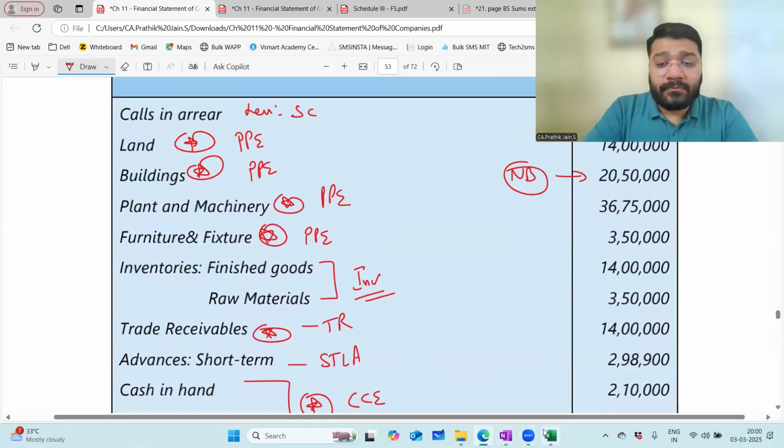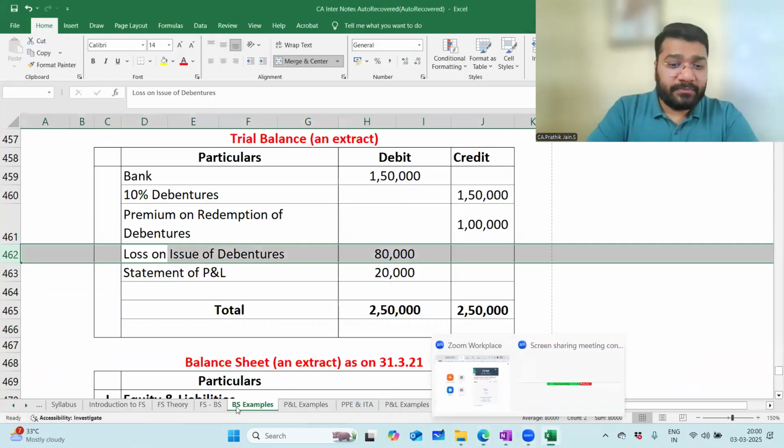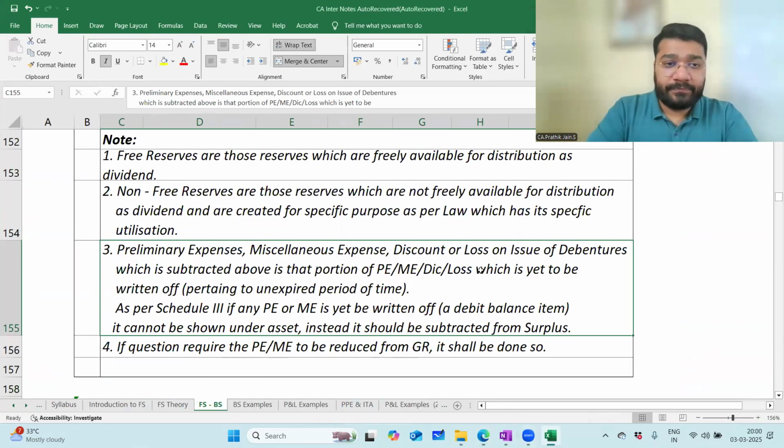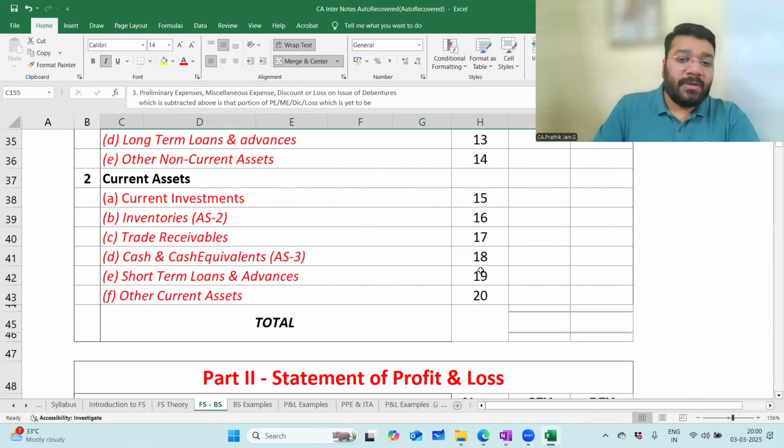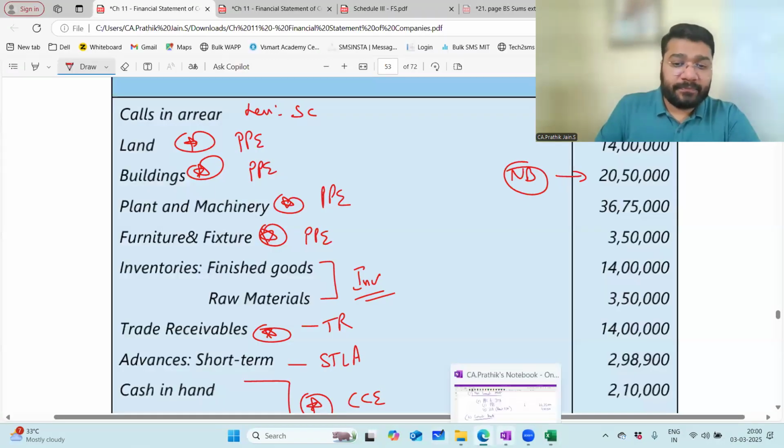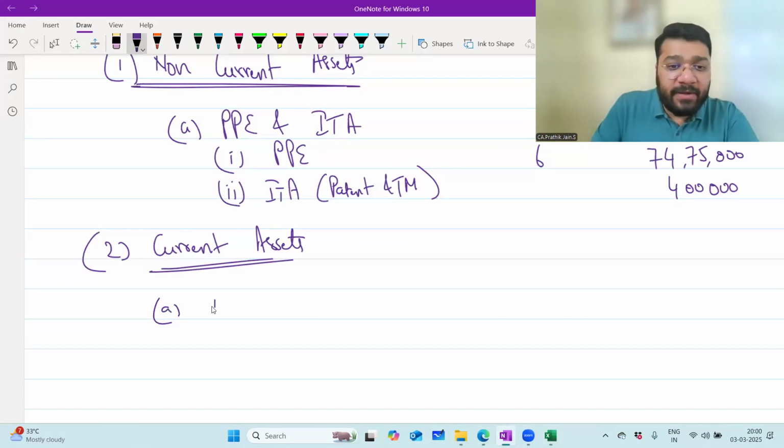Inventories is the next item. A, inventories. Note number 7.